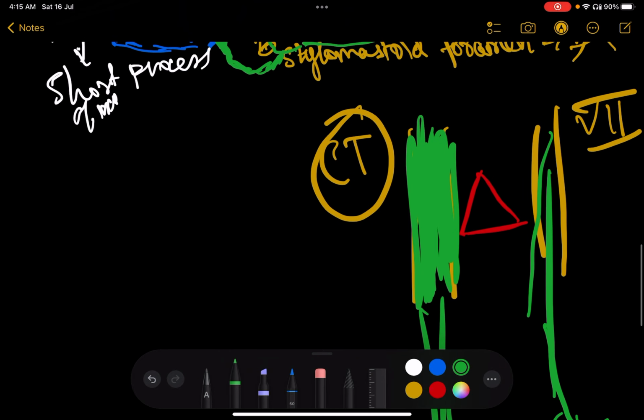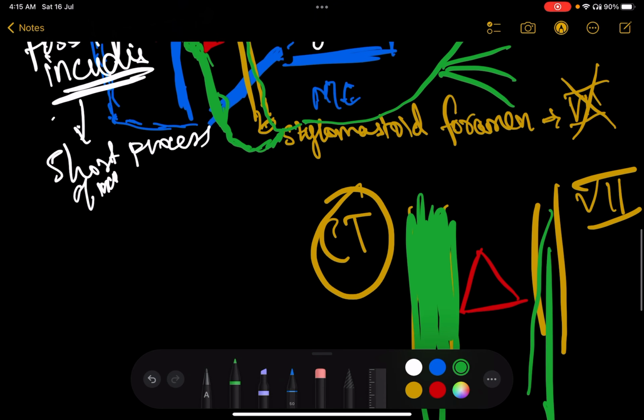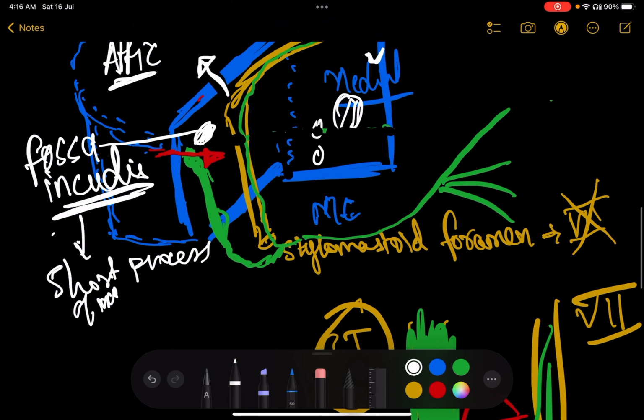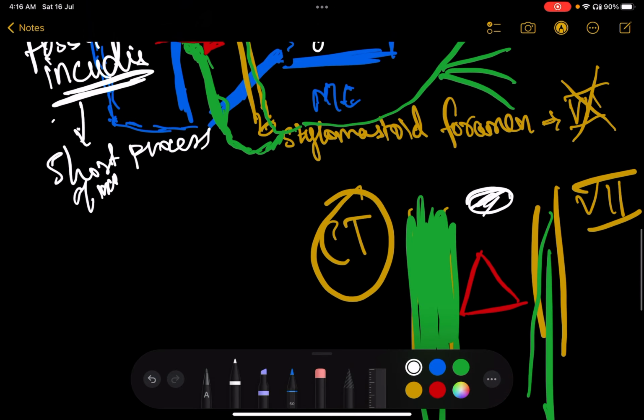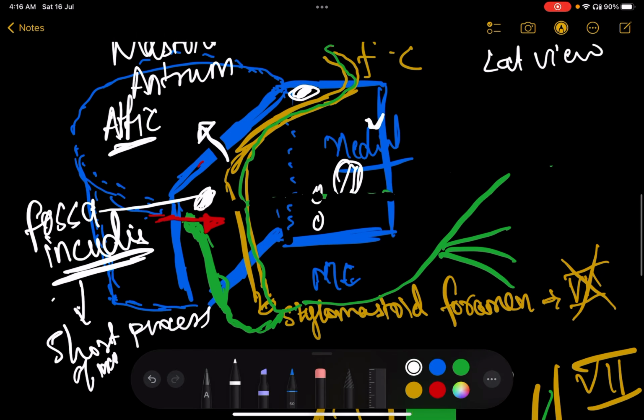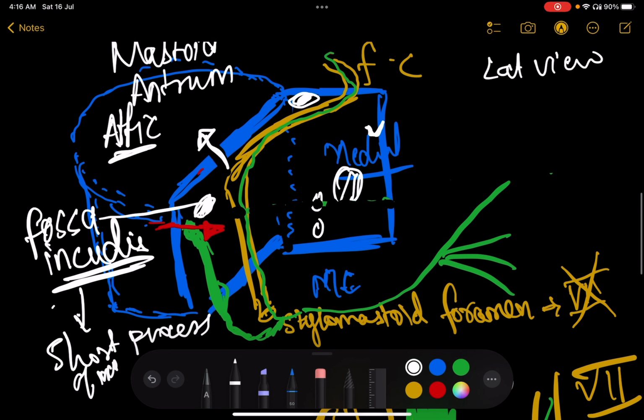And superiorly, very important is the structure called the fossa incudis. The fossa incudis is basically the impression of the short process of the incus. That's very important.